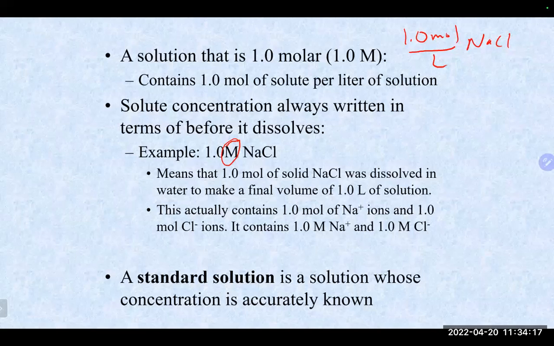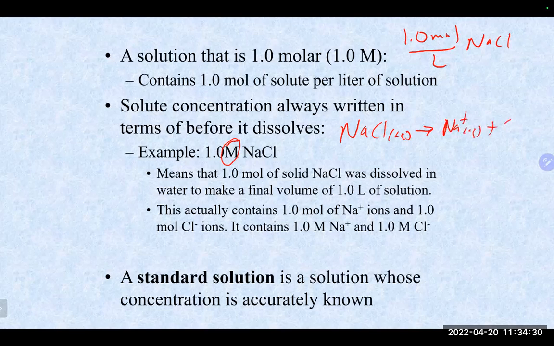So what does that mean in terms of concentration of ions? If you had sodium chloride in a solution, it would break apart into a sodium ion and a chloride ion. If the whole thing was 1 molar, the concentration of the sodium ion, because it's a 1-to-1 relationship, would also be 1 molar.